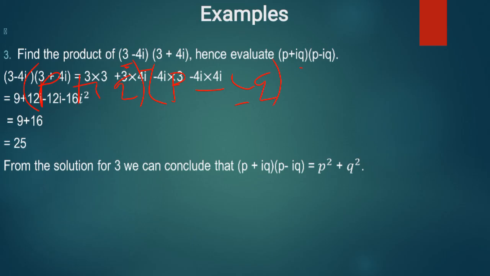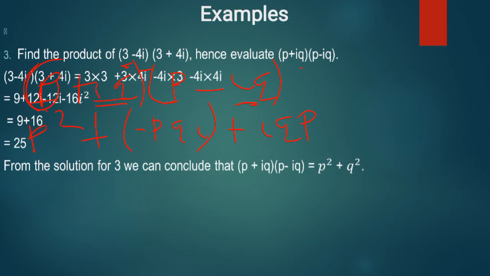So that would be P times P, which is P squared, plus P times minus iQ, which is going to be minus PQi. And then we are through with the P multiplying, so we're going with the iQ. So iQ times P is going to give me positive iQP.